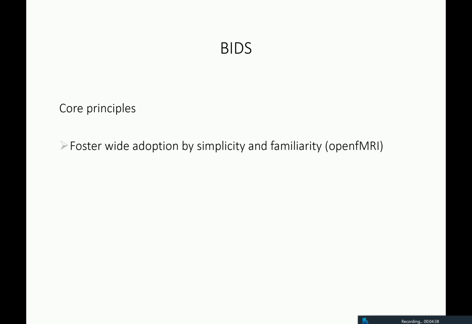OpenfMRI has been around for quite some time, I think since 2008, and is a website also run by the Poldrack group, where you can upload fMRI data and also download fMRI data. I think the download is a little bit easier than the upload. There is fMRI data on OpenfMRI.